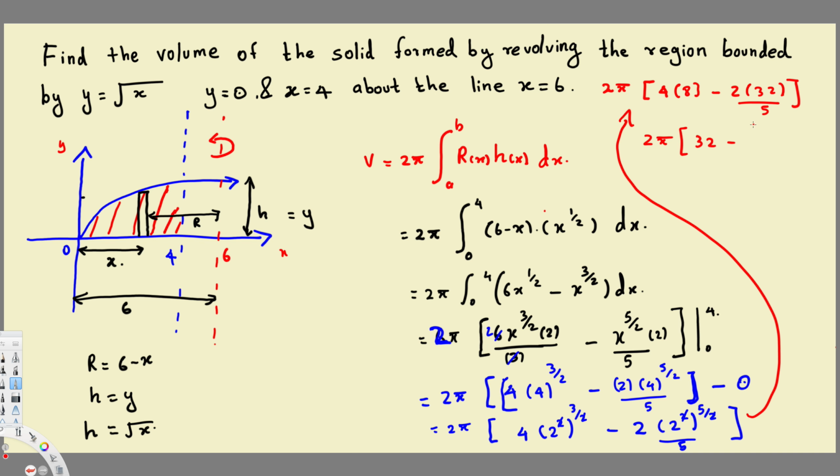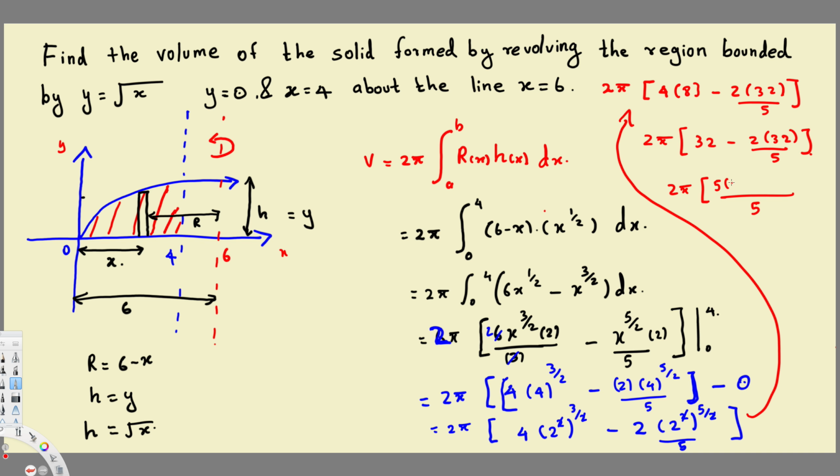32 times, if you want to do it in a simple way, there's a simple way to approach this one too. To do that, just keep it like this. 2 times 32 over 5. So now the common denominator is going to be 5. So 2 pi 32. If I take common denominator 5, this one is going to be multiplied by 5.